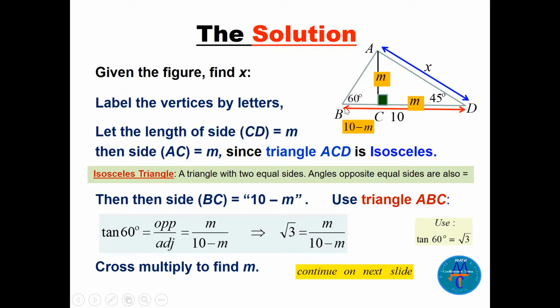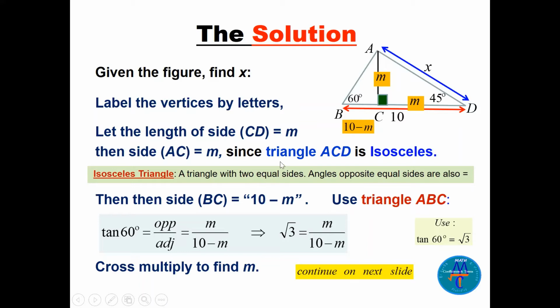Now, given BD, all this is 10. So this one here, BC, is 10 minus m. Let's use the triangle ABC. So we can take here tan of 60.